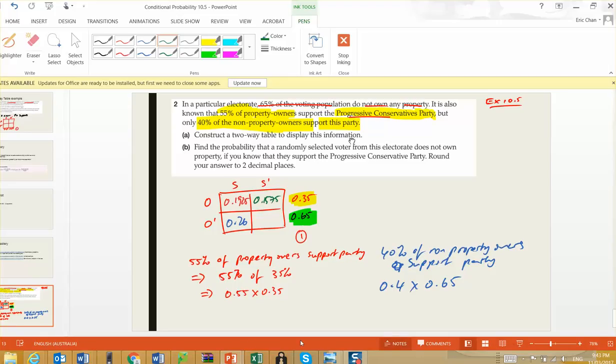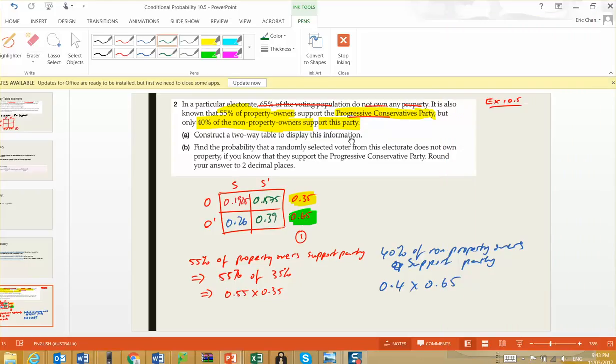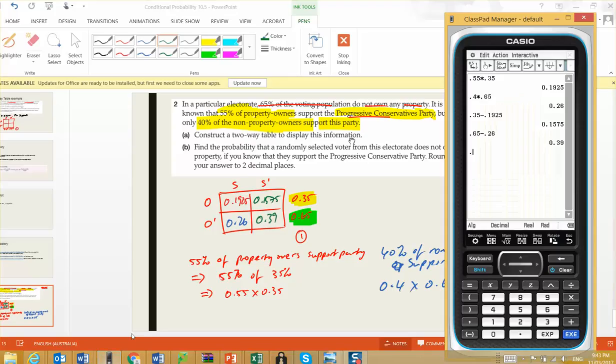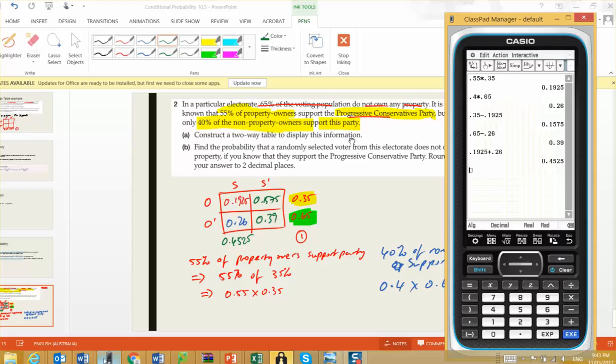The other part of the table is 0.65 minus 0.26, which gives me 0.39. Then the columns add up: 0.1925 plus 0.26 gives me 0.4525, and 0.1575 plus 0.39 gives me 0.5475.